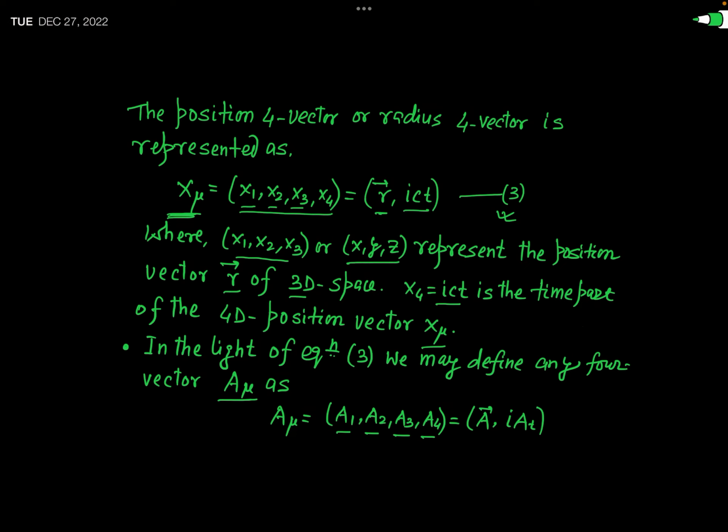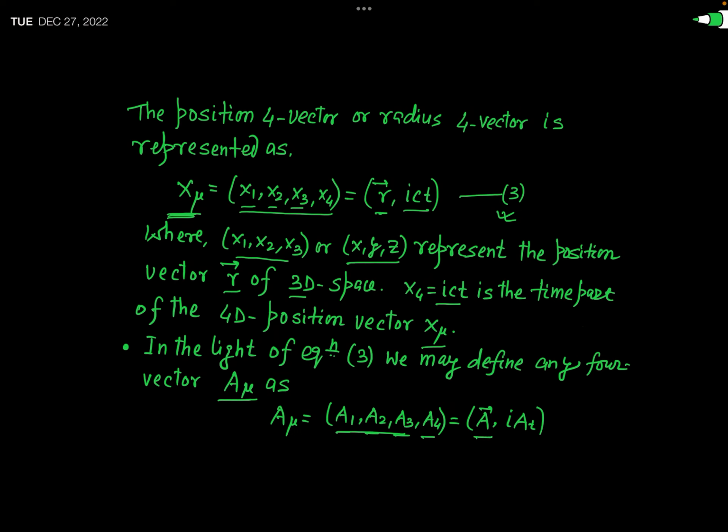As in the case of x mu, where x1, x2, x3 are the position vector in 3D space, similarly A1, A2, A3 are the components of a vector A in 3D space.